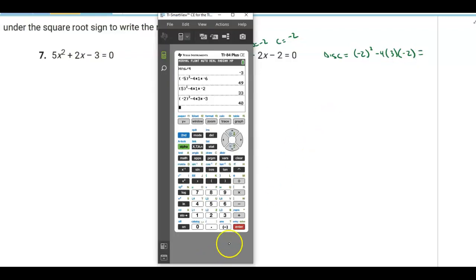And if I go to my calculator, I'm going to plug it in exactly the way I see it. Negative 2 squared minus 4 times 3 times negative 2. And right away that gives me 28.